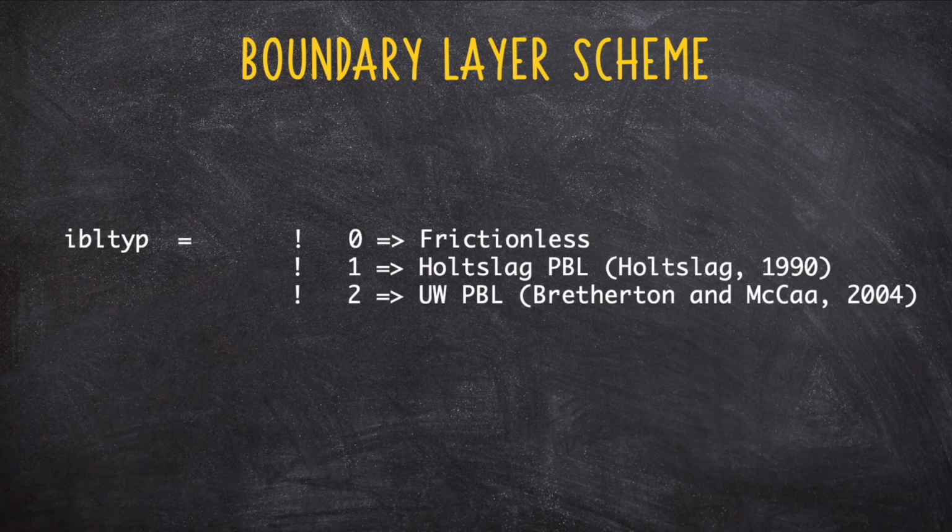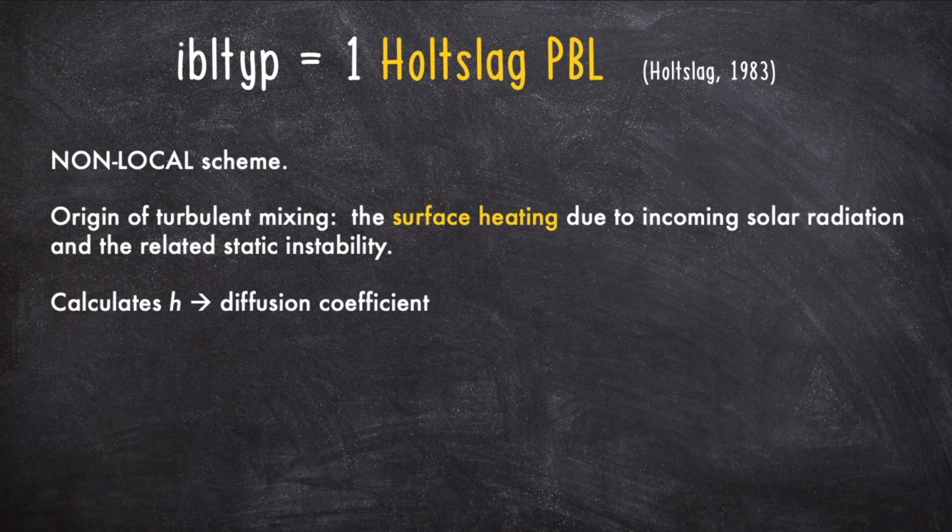In RegCM, we have two different options for the boundary layer. Setting ibltyp equal to 1, we activate the Holtslag scheme, which has been a part of the RegCM model since RegCM2, and it is a non-local scheme.